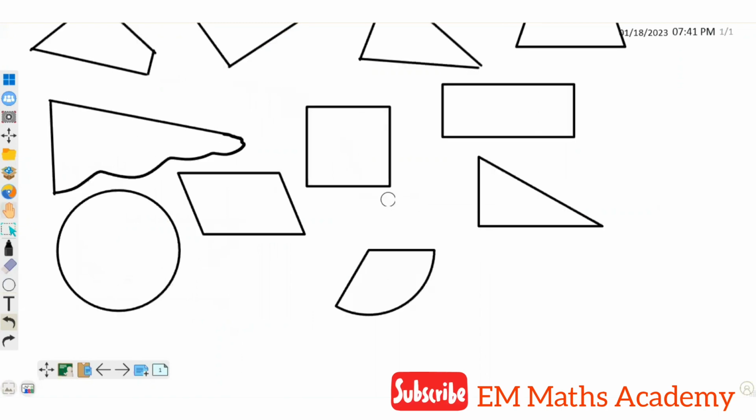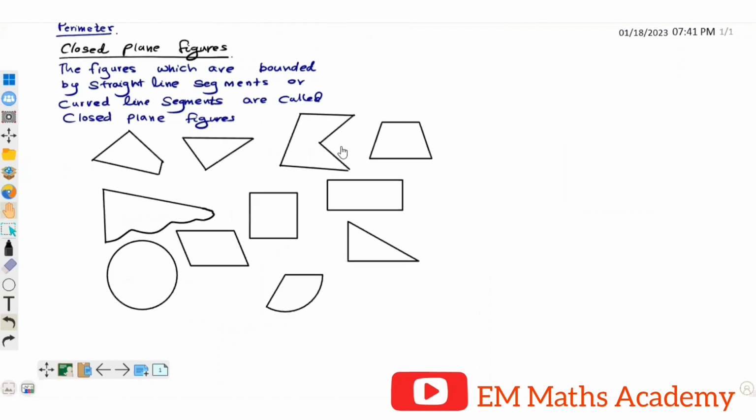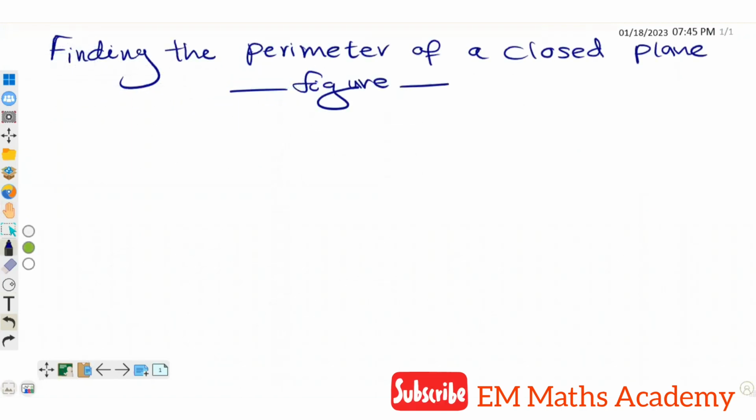Okay. Then let's write down the meaning and roughly draw these diagrams. There is a single rule that is applied for any closed plane figure when we find the perimeter. The perimeter is simply defined as total outer length. Okay, what is meant by that?